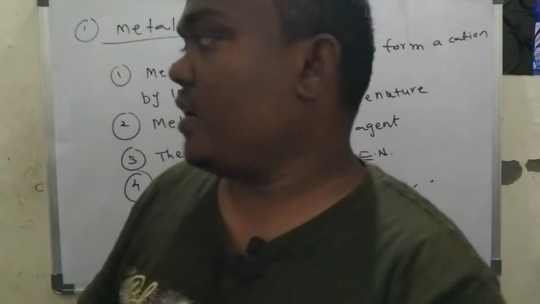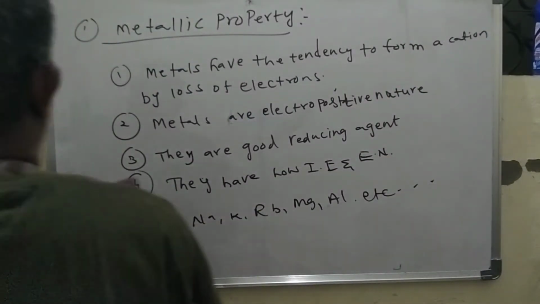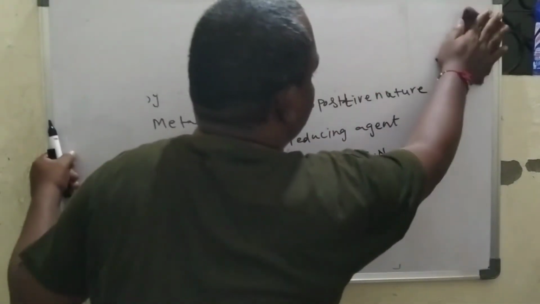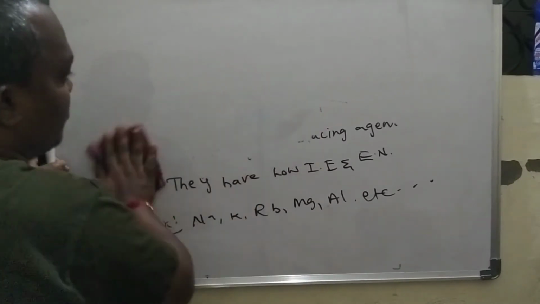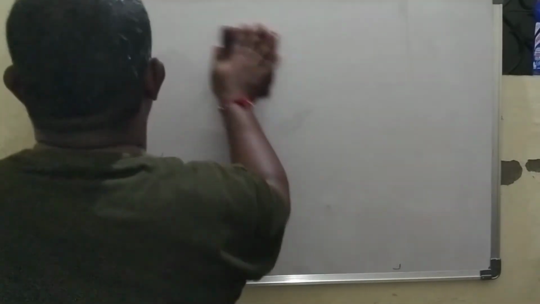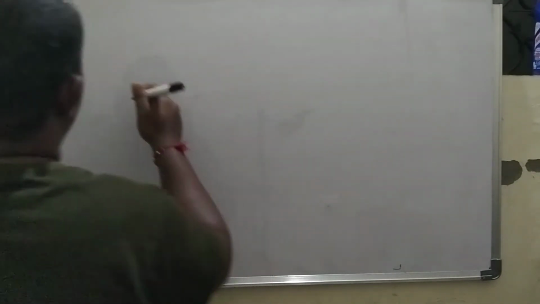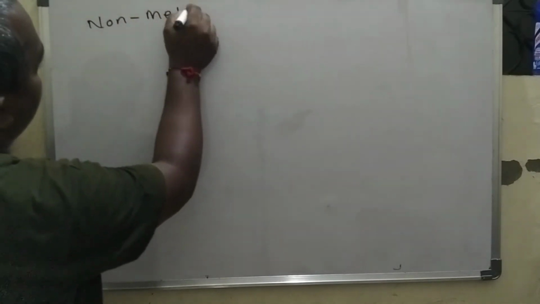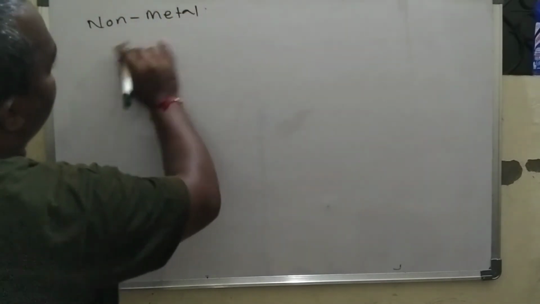Okay, right. Let me go with the non-metallic property. So generally non-metals will gain electrons, which is the non-metallic property.